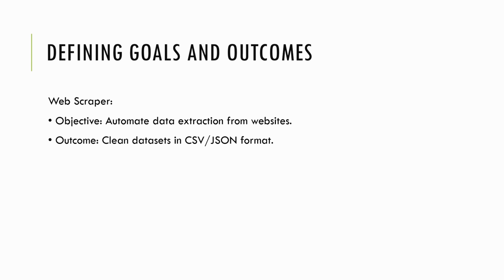If you choose to work on a web scraper, the objective is to automate data extraction from websites. The outcome would be clean datasets exported in formats such as CSV or JSON that can be used for further analysis. Alternatively, if you choose the data analyzer, the objective is to analyze datasets and extract actionable insights.